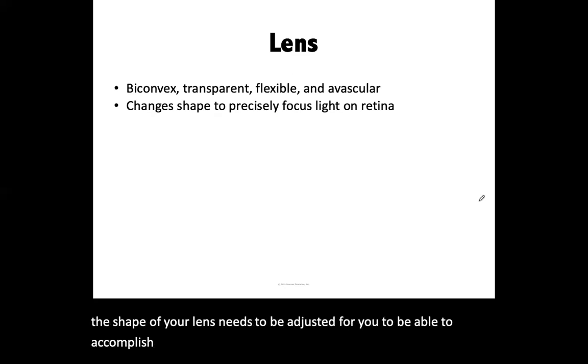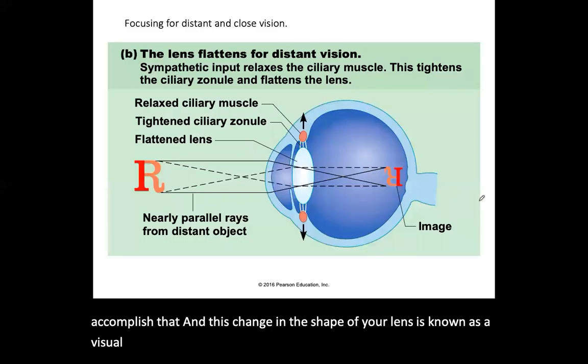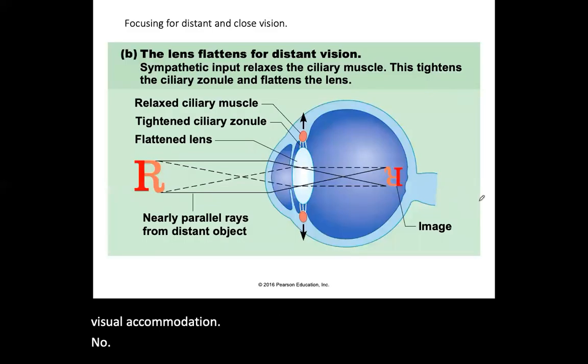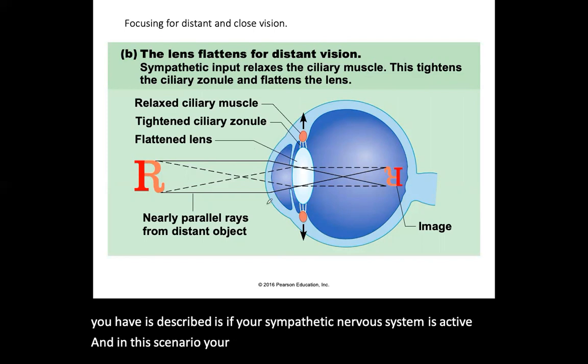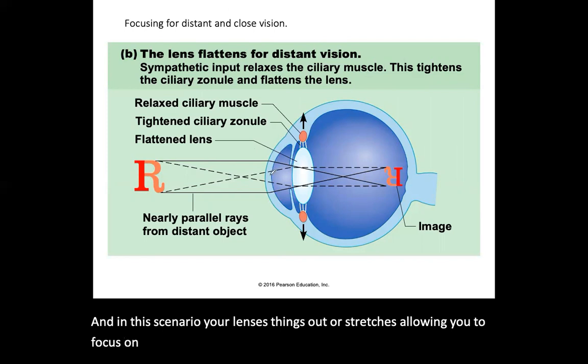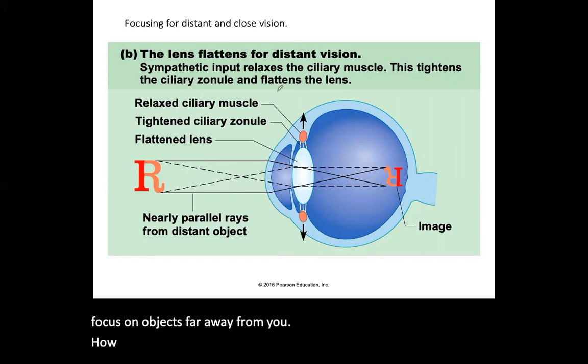This change in the shape of your lens is known as visual accommodation. Visual accommodation can be done in two ways. One is when your sympathetic nervous system is active, and in this scenario your lens thins out or stretches, allowing you to focus on objects far away from you. How does your lens stretch?